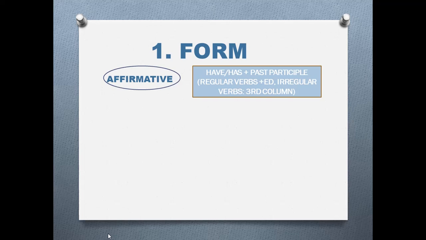Okay, so this year we need the third column of irregular verbs, so you have to learn this form for all the verbs that we have been learning last year and this year. Okay, so for example, for the verb to eat, the past participle form will be eaten. So it is eat, ate, eaten. Okay?